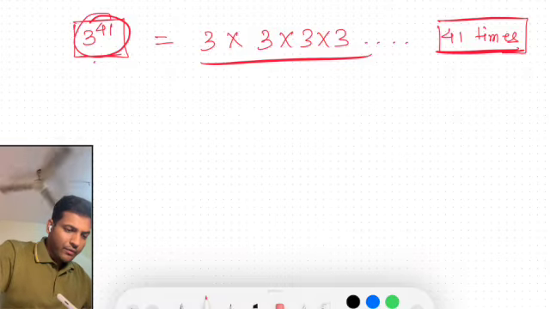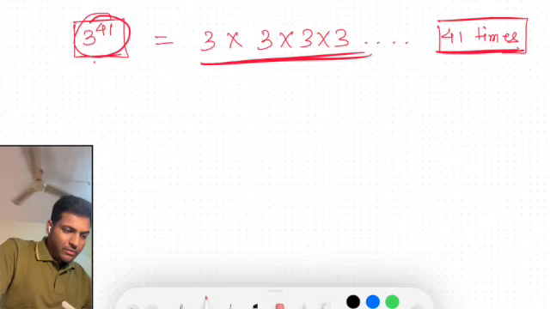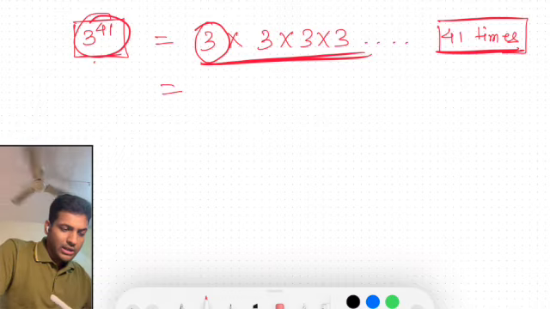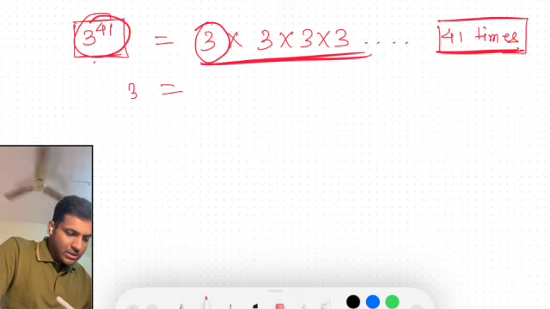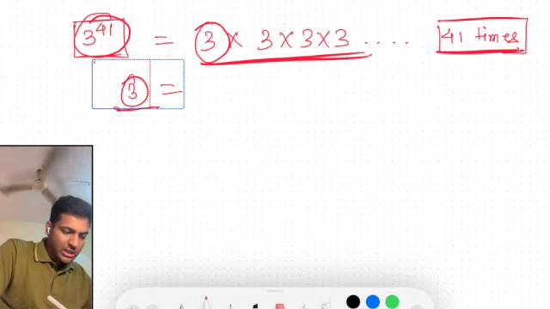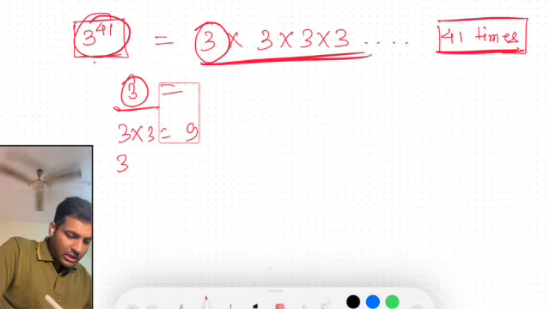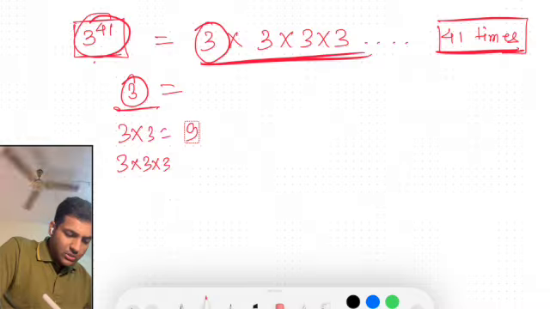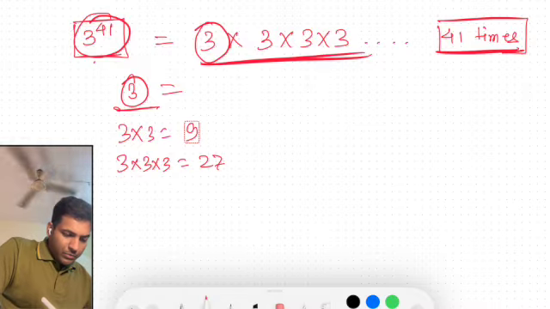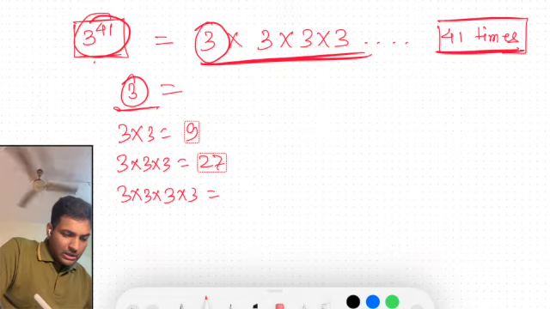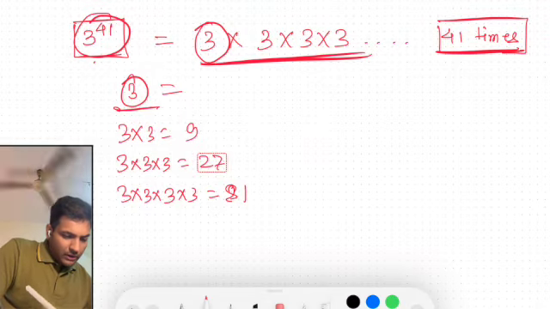But you will also have to see what happens when 3 is successively multiplied. Initially it is 3, then 3 into 3 is equal to 9, 3 into 3 into 3 is equal to 27. Now if you multiply it 4 times, you will see it is equal to 81.